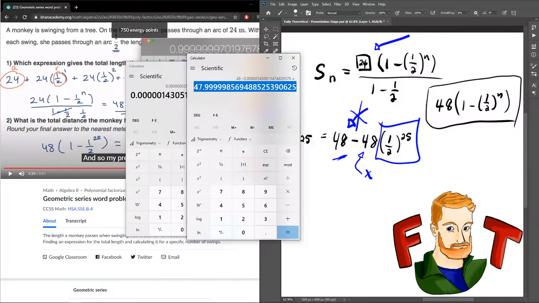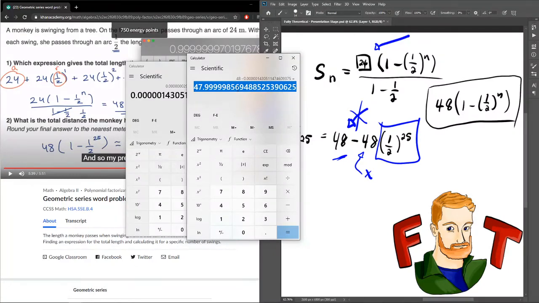So basically, it's 47.9. So it rounds up to 48, all the way down to tenths, hundredths, thousandths, ten-thousandths, hundred-thousandths, millionths, ten-millionths.